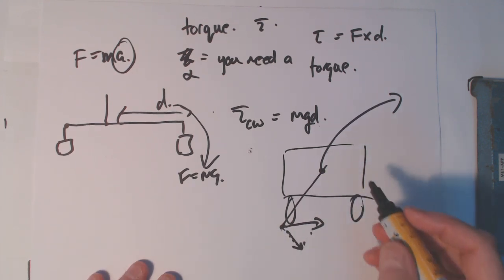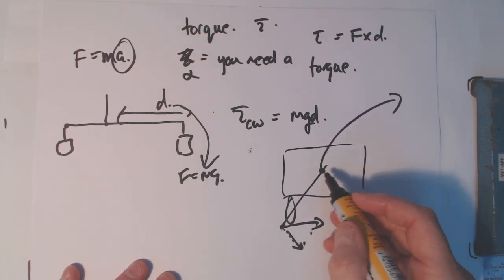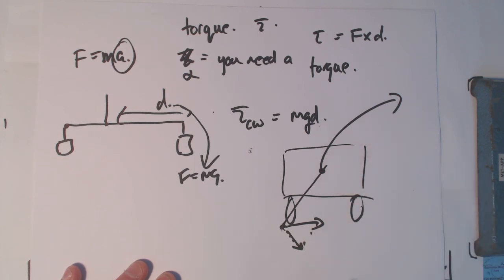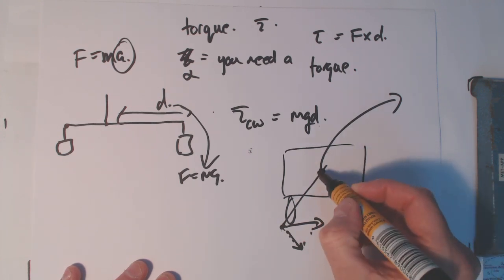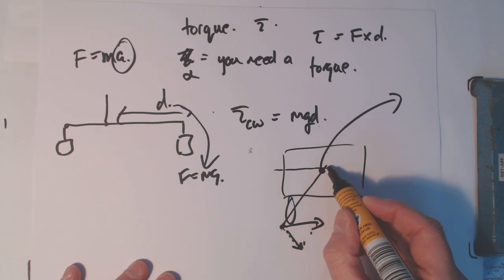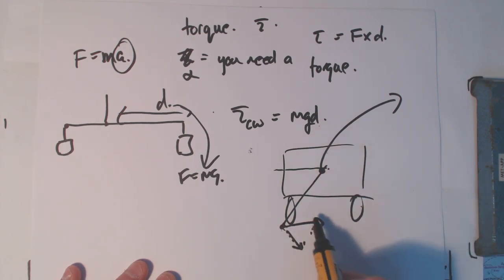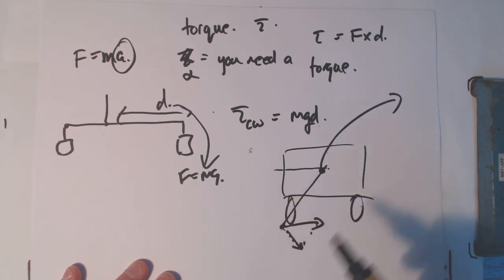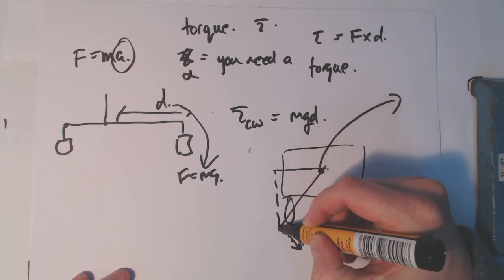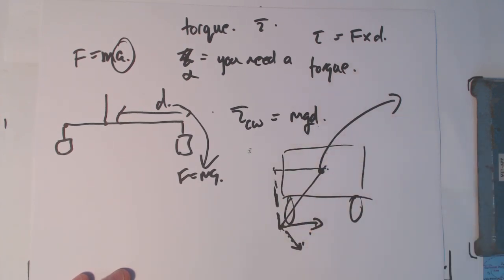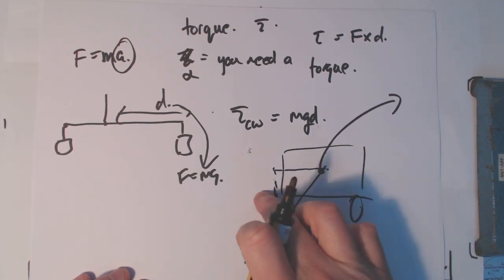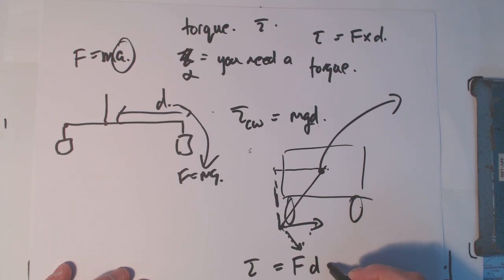But what I want you to know is that when you want to do this, we can actually do it in a simpler way by drawing a line parallel with the force and then taking a perpendicular distance. And if we take a perpendicular distance, then we can say the torque is equal to the full force times the perpendicular distance.